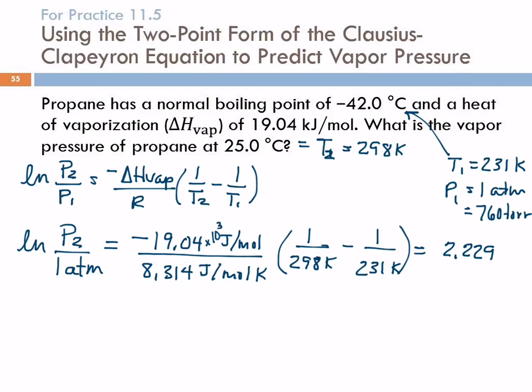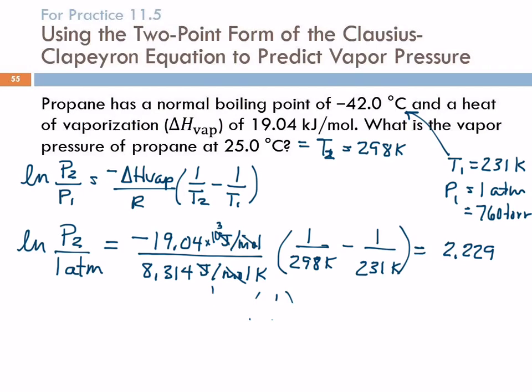What are the units on that 2.229? Are there any units? The joules canceled out. The moles canceled out. These kelvins don't look like they're canceling out, but what I've got here is 1 over T times 1 over T with the kelvins here, and so the kelvins actually cancel out too.